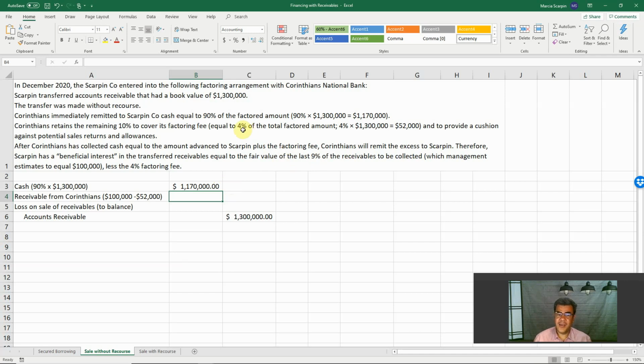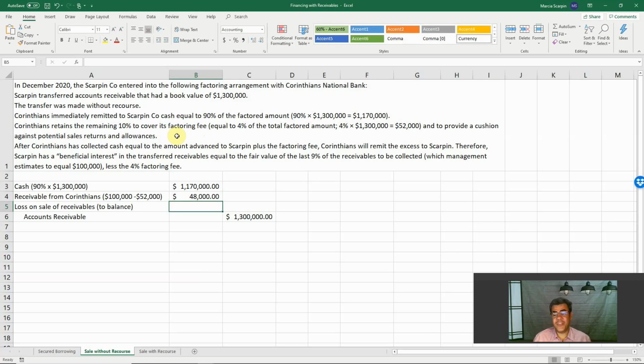So if everything goes well, we will receive some money after this collection. And the fair value of this money is equal to $100,000 less the factoring fee. So our receivable will be $100,000 less $52,000. It will be 48.